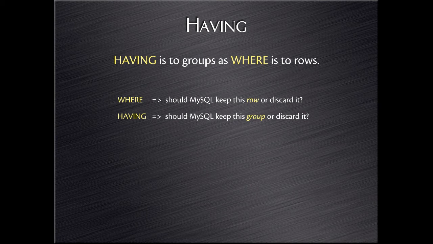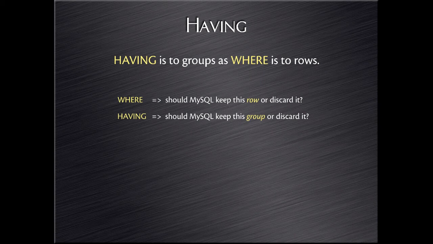That's what where does. Having does the same thing but with groups rather than rows. When we have a bunch of groups, MySQL will start at the top of the groups and say, should I keep this group or discard it? What is the criterion in the having clause? Keep it or throw it away.